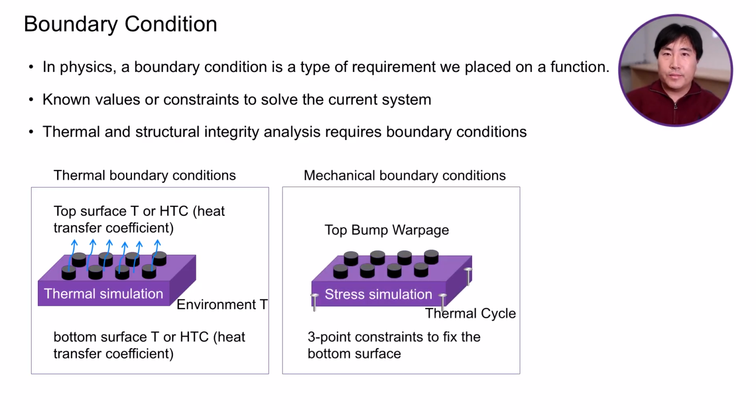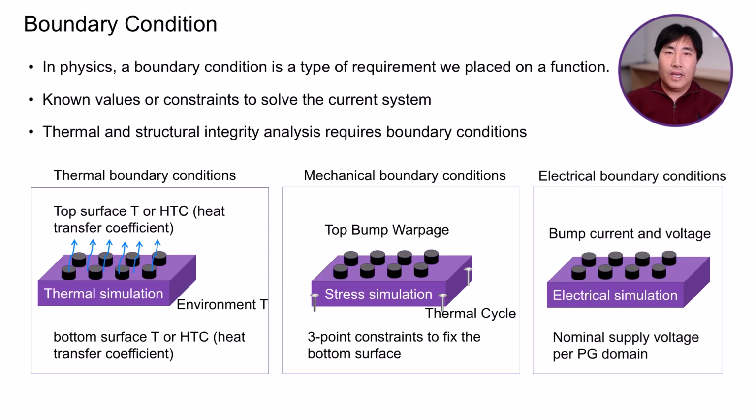And mechanical analysis might fix certain surfaces to prevent motion as a boundary condition. Electrical analysis might use input voltage or current as a boundary condition, which helps us build a realistic model of the whole chip system.